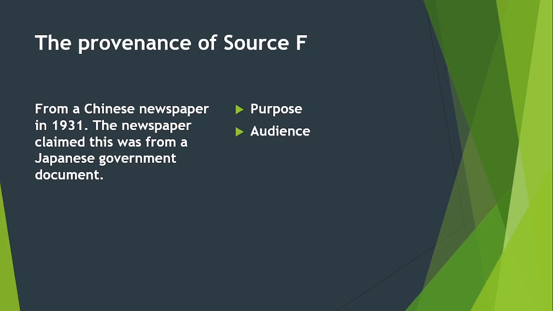We don't know when in 1931 the article appeared. So it seems reasonable to suggest that the purpose of the article was to put pressure on the League to protect China from Japanese aggression. The real audience then was not the Japanese readership, but the wider world.